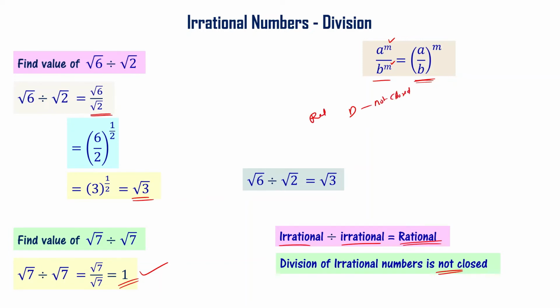For rational numbers. For irrational numbers, all operations are not closed, right? Rational numbers, addition, multiplication and subtraction, they are closed, but division is not closed. When it comes to irrational numbers, addition, subtraction, multiplication, division, none of them are closed. Please note this.